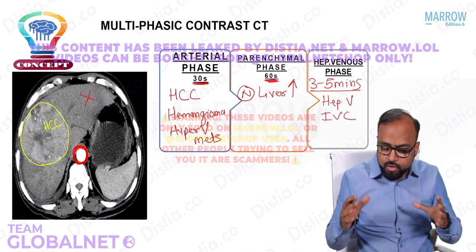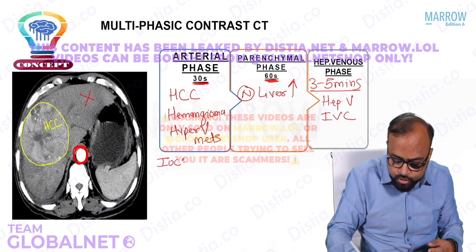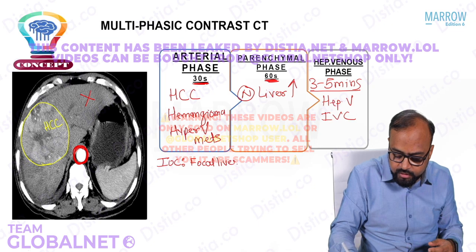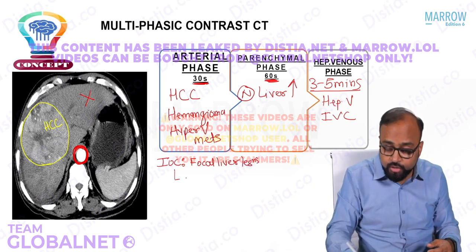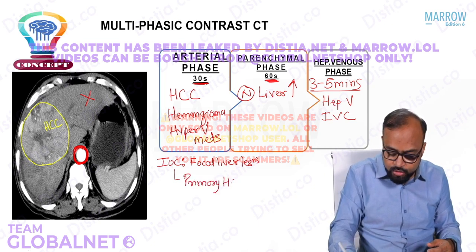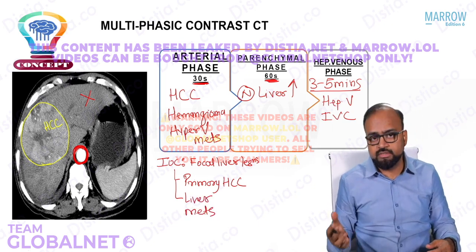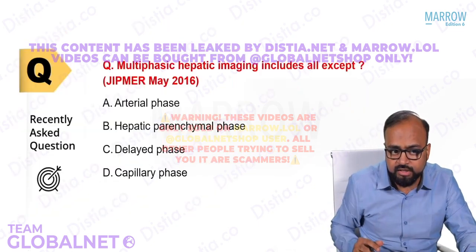Remember, a multiphasic contrast CT is the investigation of choice for almost all focal liver lesions. It is also the investigation of choice to differentiate between a primary hepatocellular cancer or a liver metastasis. How do they differ in their appearance? This is something that we will discuss as we go ahead. So it is a very, very important technique, remember.